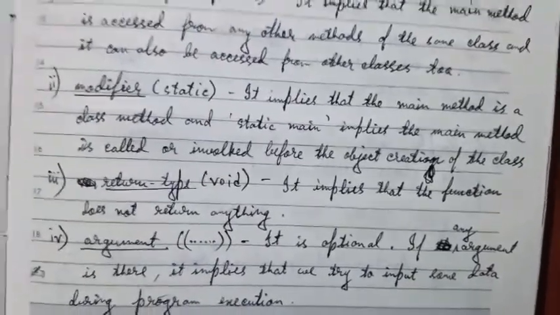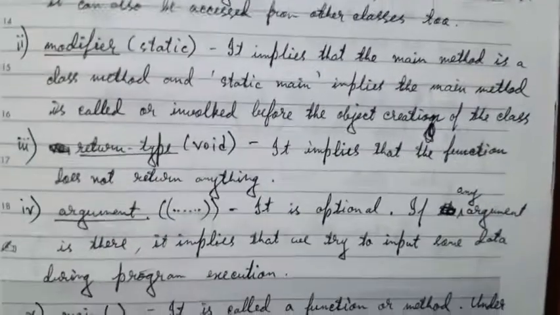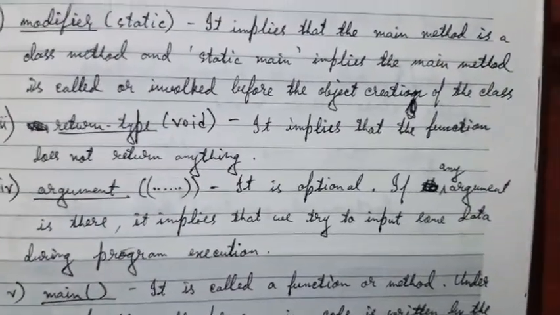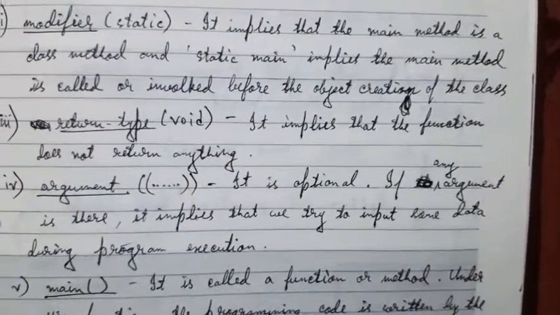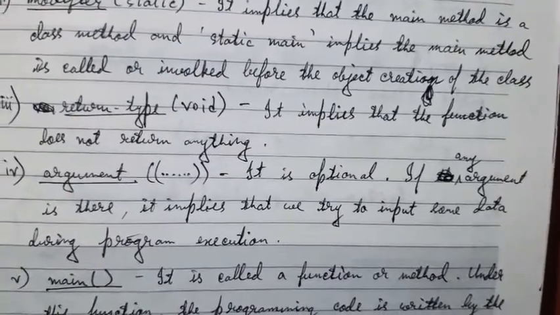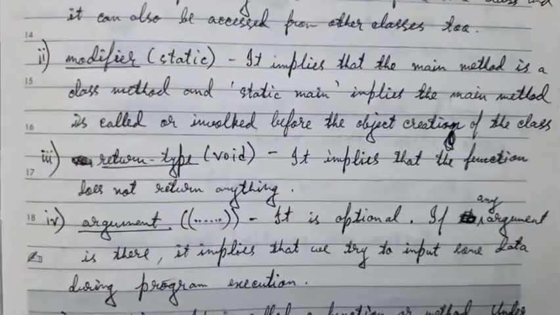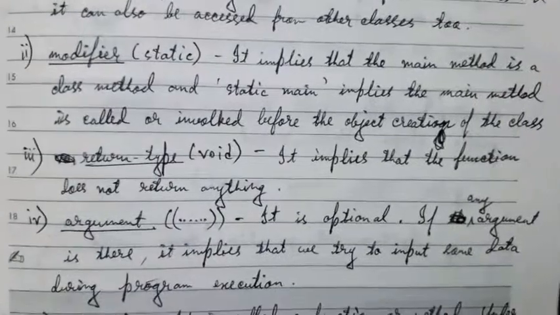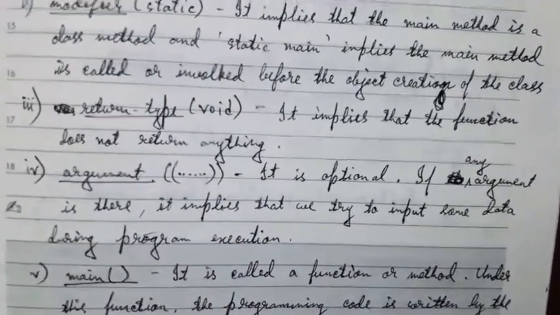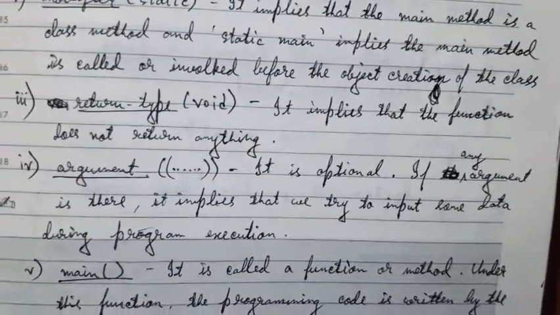Alright, next is the argument. Here is the argument, the main. Under this argument, main is actually a function name. The argument is optional. If any argument is there, it implies that we try to input some data during program execution. If we need to input some values from outside by the user, we can use this argument.